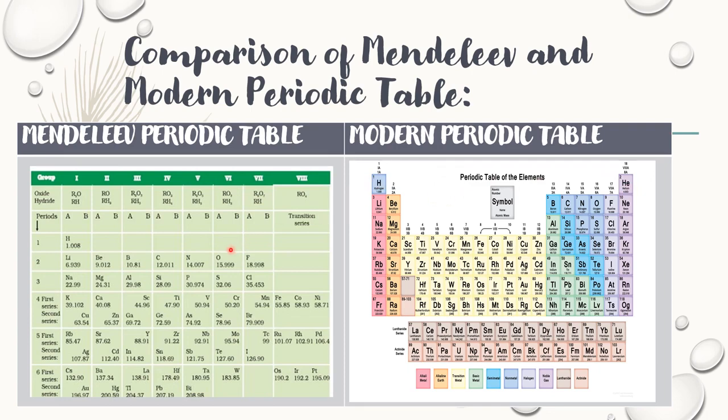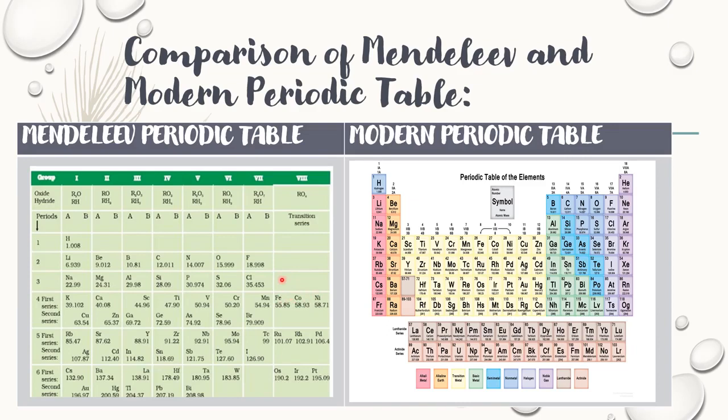In the Mendeleev periodic table, there were 8 groups, that is 1, 2, 3, 4, 5, 6, 7, and 8. The first 7 groups have 2 subdivisions, that is A and B. And the 8th group has 3 series.